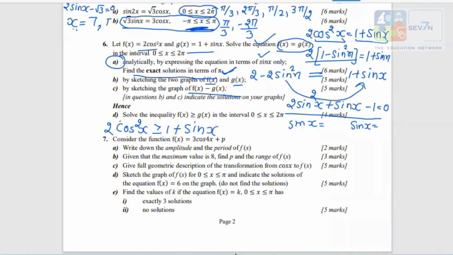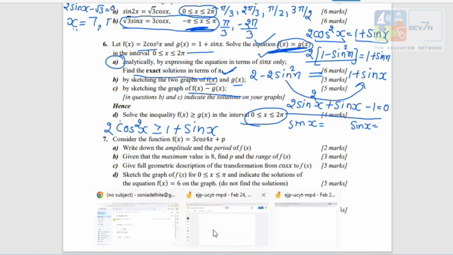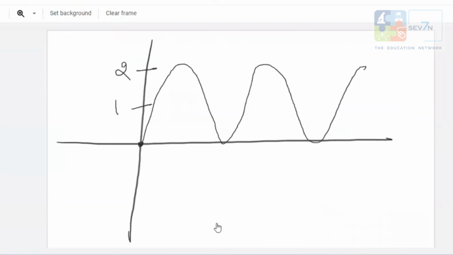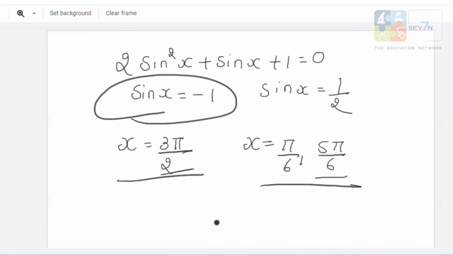You can solve it and find your x, but your x must lie between 0 to 2 pi, right? Because in your upper question you have already found the values of x. See, these are the values of x. But your range is 0 to 2 pi only. So the angle is this and this only.